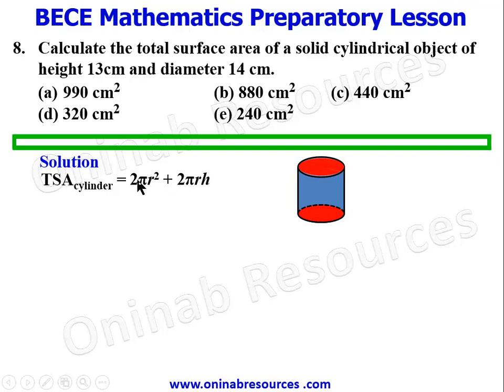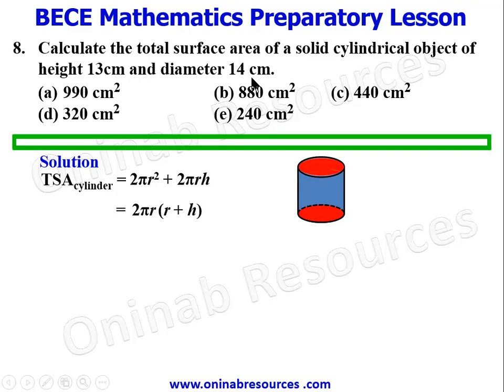And now we can factorize this formula. So 2 pi r is common, so we have 2 pi r. Remove 2 pi r here, we have r. Remove 2 pi r, we'll be left with h, so that will be plus h. Now we substitute in the values of pi, radius, and the height.